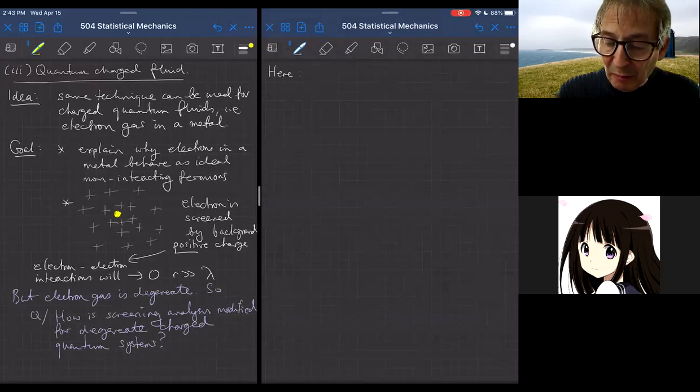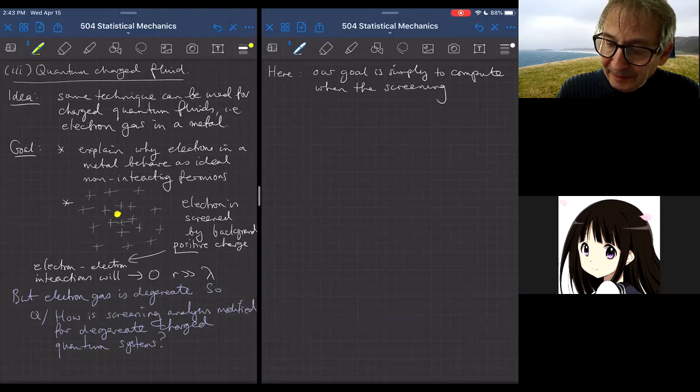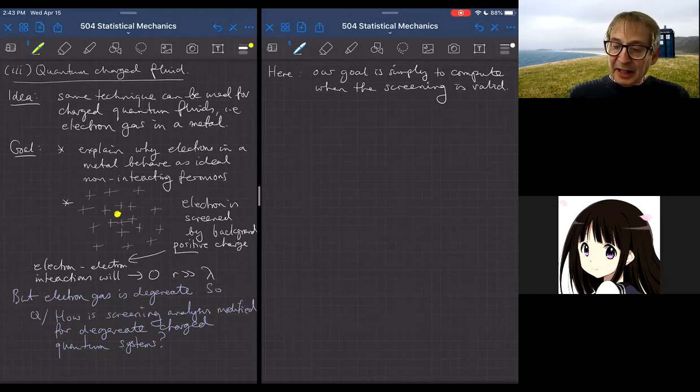So here our goal is more modest. Our goal is simply to compute when the screening is valid, it works. And when I say when, what I mean is what density regime.